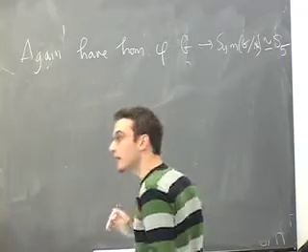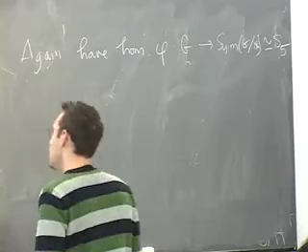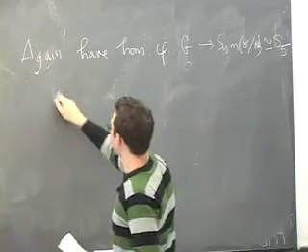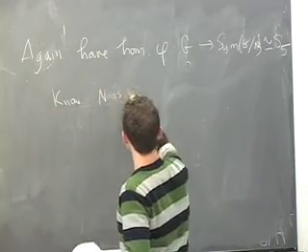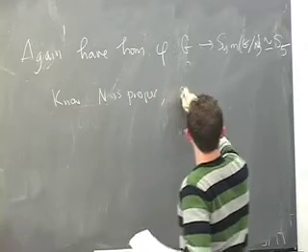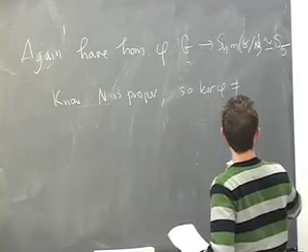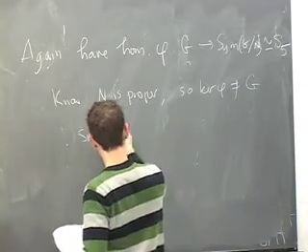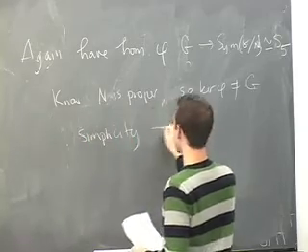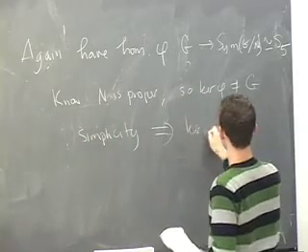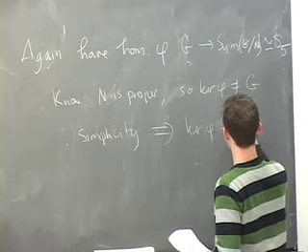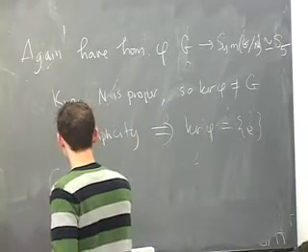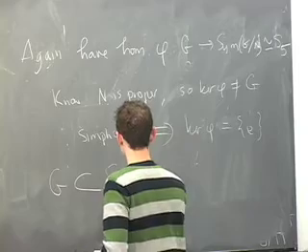And again, same sort of argument over here. Well, we know that N is proper. So the kernel is not all of G. Therefore, by simplicity, we know that the kernel is trivial. And so we think of G as being really a subgroup of the symmetry group here.